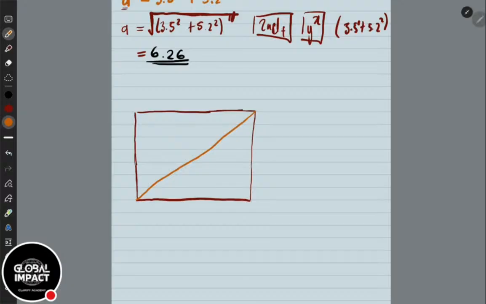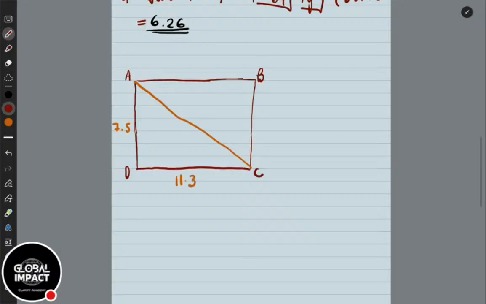Actually, the line is not like this. The line is like this. Sorry. And they say this is 7.5 centimeters, 11.3 centimeters, and this is D, this is A, this is C, and this is B. Okay?